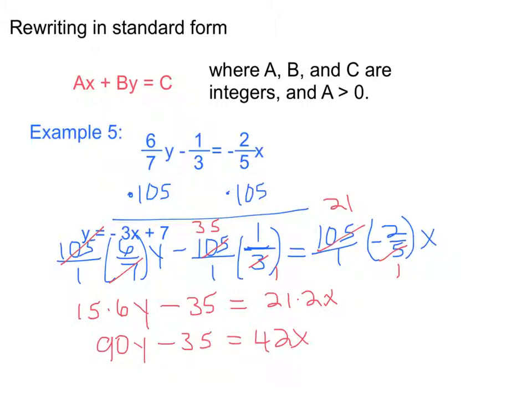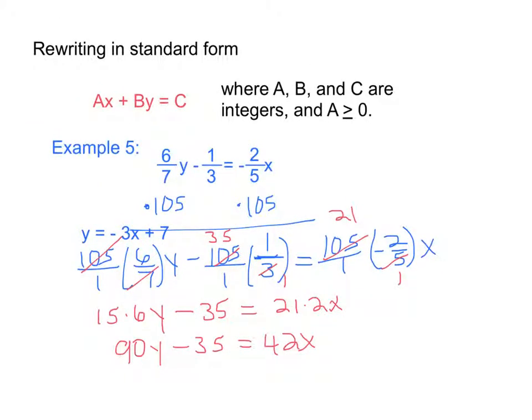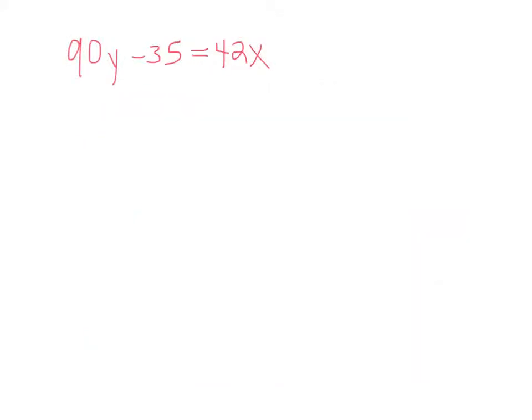Now I can see there's no common factors between them. So I'm okay. Now I need to rearrange this. And this was supposed to be negative back here, so I'll fix that. And now we've got negative 42x here. So now I can start rearranging. So I'm going to add the 42x to the left side so I can make it positive and get it with the y. I'm going to write the x term first, to make it easier on myself.